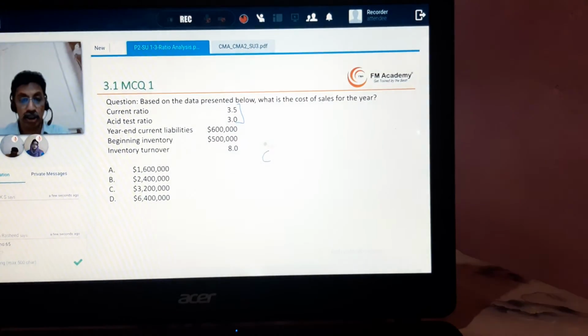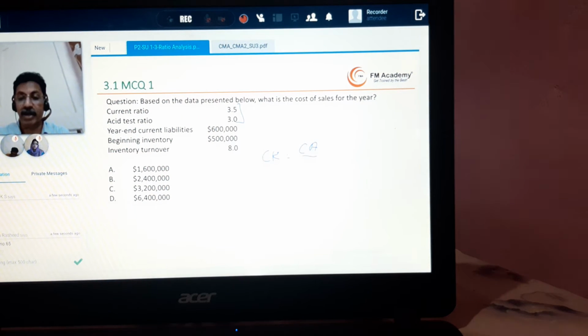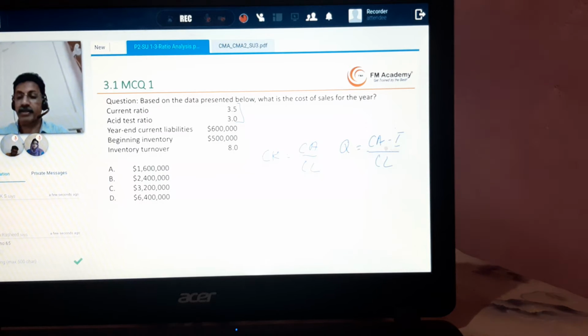This is a common examination question, so you should know current ratio is equal to current assets divided by current liability. Quick ratio is equal to current assets minus inventory divided by current liability.